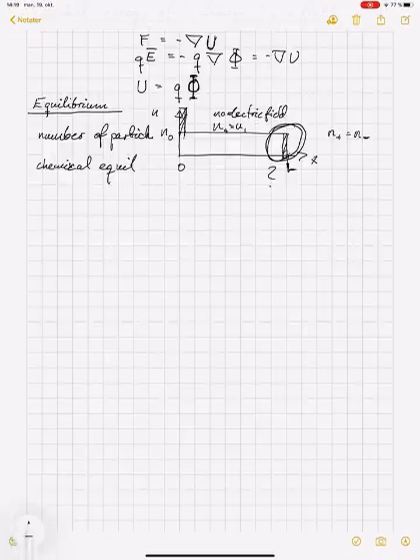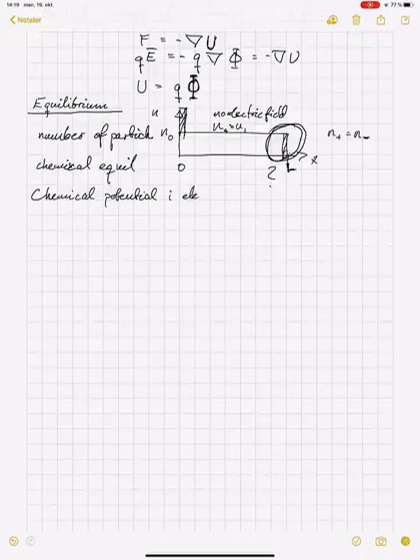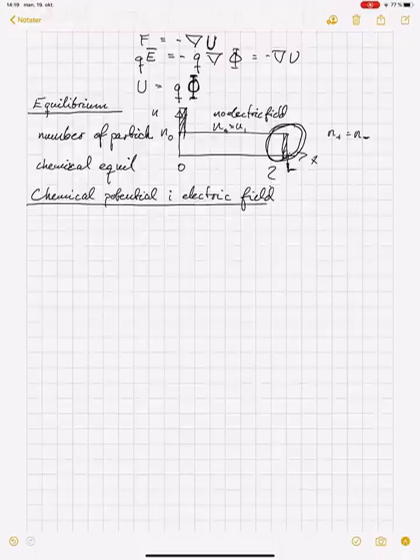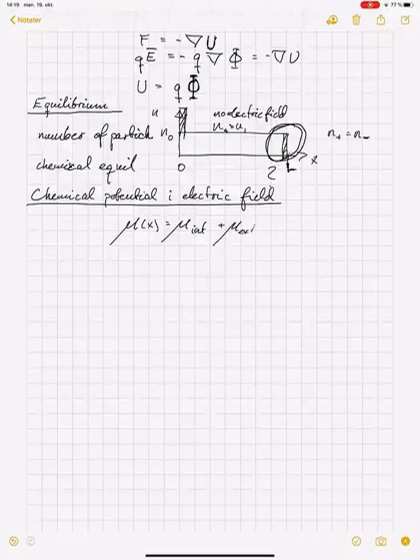So the chemical potential in an electric field: the electric field is an external field, so we know that the chemical potential has to be a function of the internal chemical potential plus the external chemical potential.